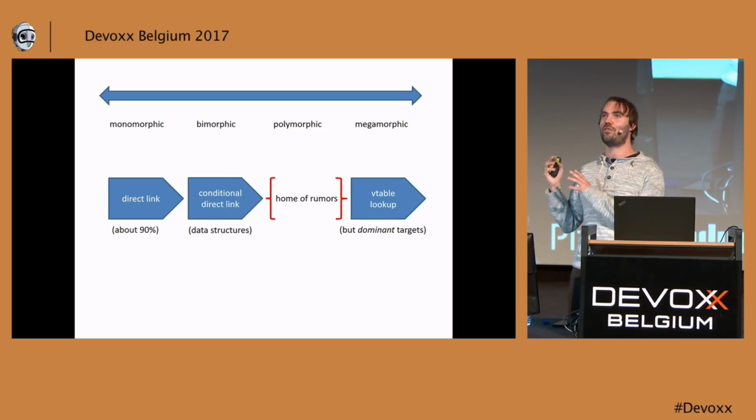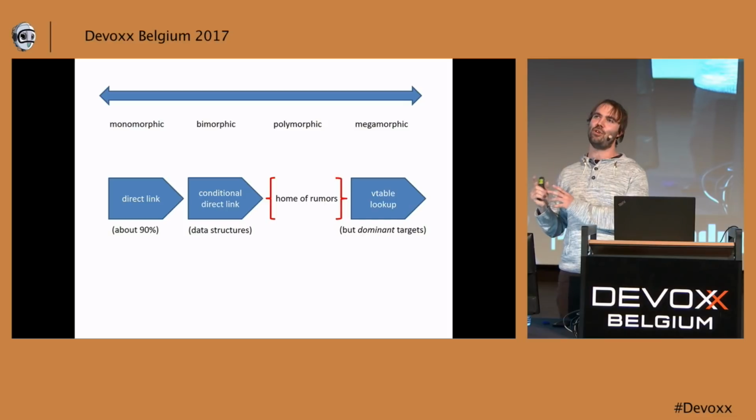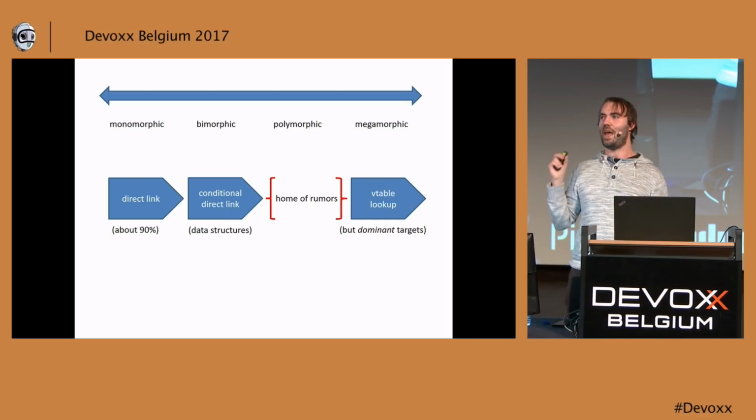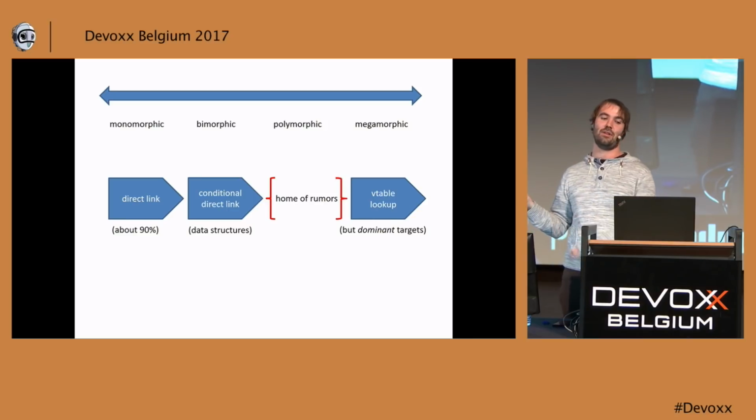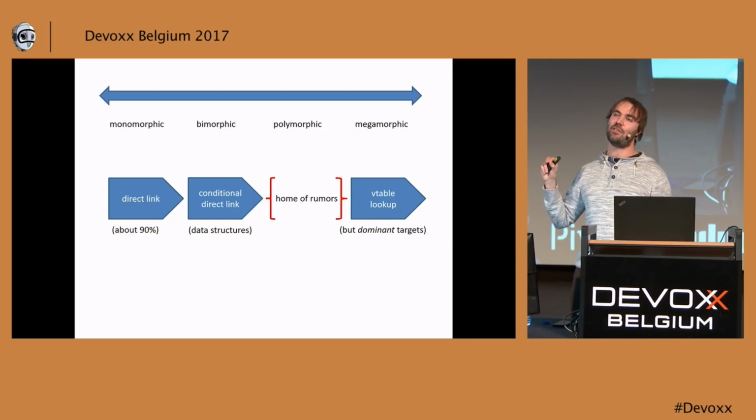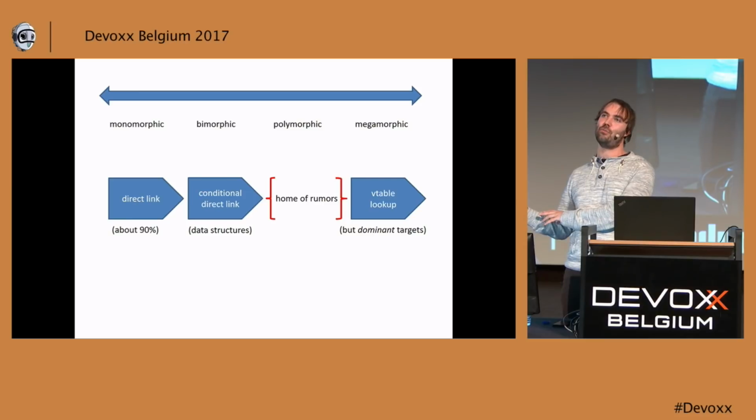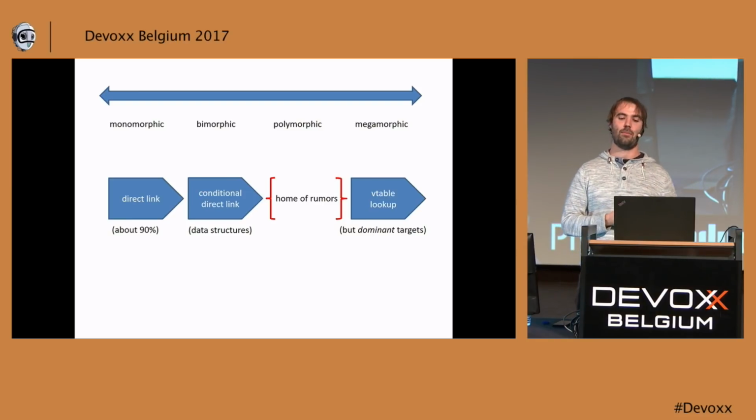If a call site is megamorphic, so there's many classes seen, but one class in particular is met very, very often, right? You have an array list in 99% of all cases, but a linked list very, very seldomly, then this dominant target is still treated as if it was monomorphic, but all other types are treated megamorphic.